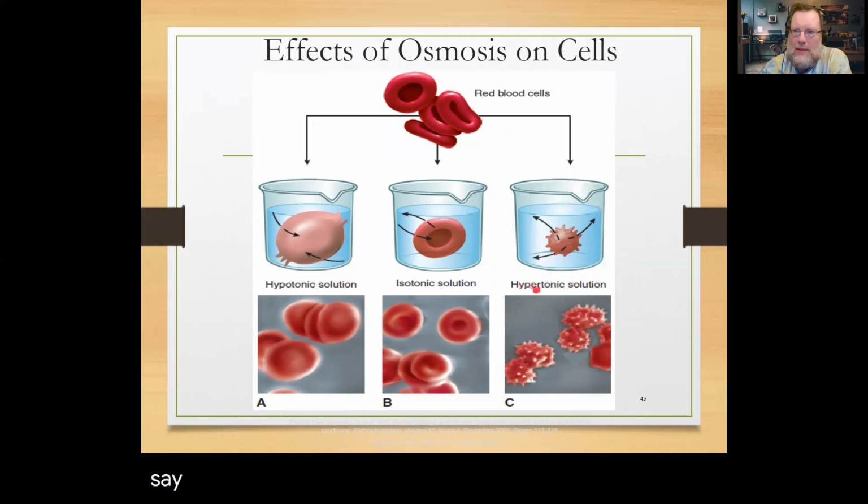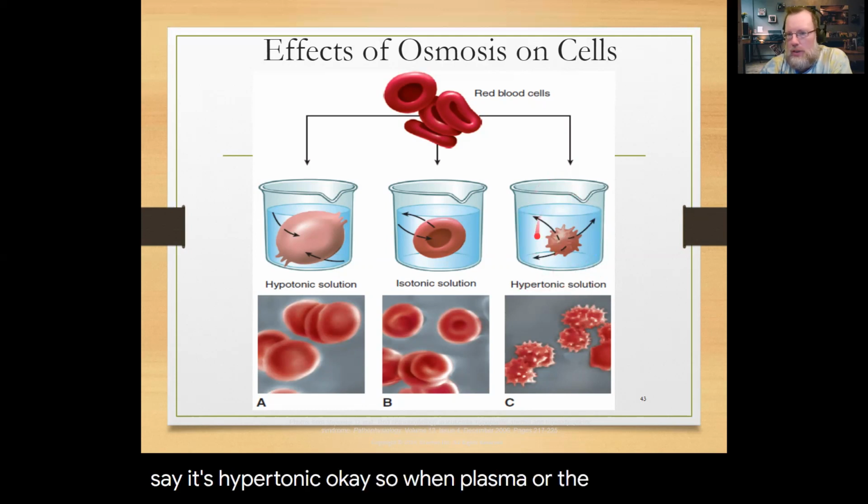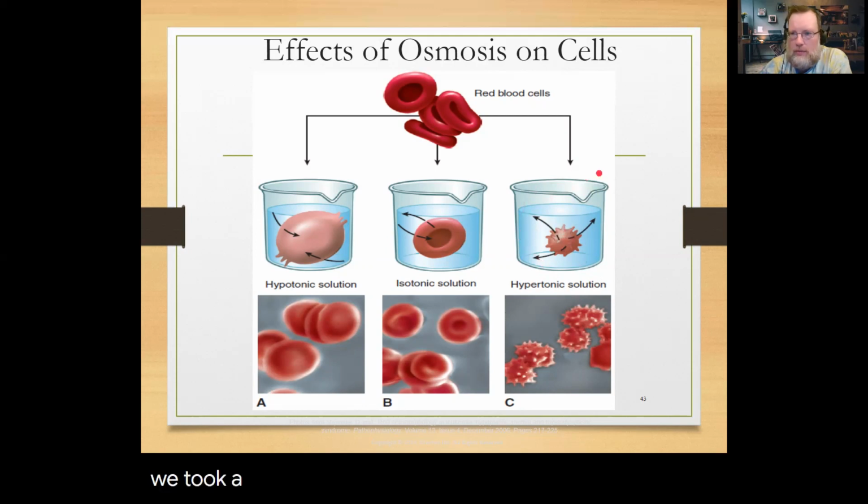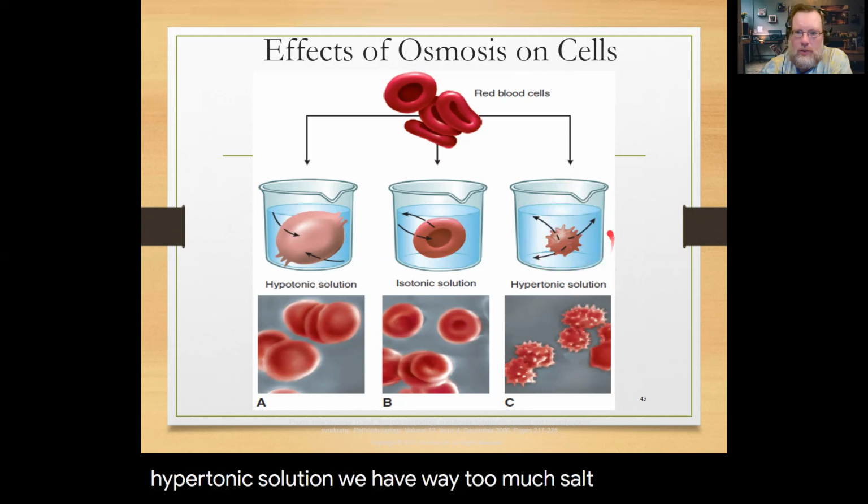we say it's hypertonic. So when plasma, or the solution that the blood cell is in, has a lot of stuff relative to what's in the cell. So if we took a cup of salt and put it in a gallon of water instead of a teaspoon of salt, that would be a hypertonic solution. We'd have way too much salt in the water.